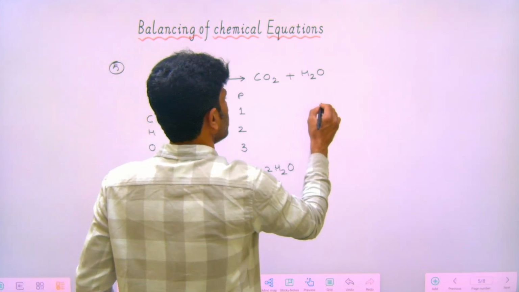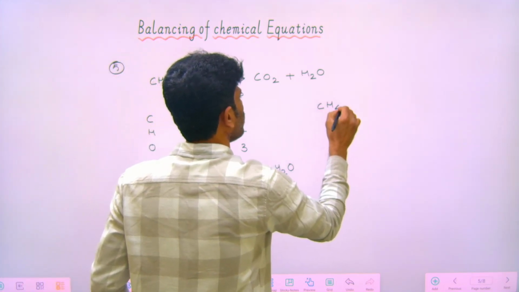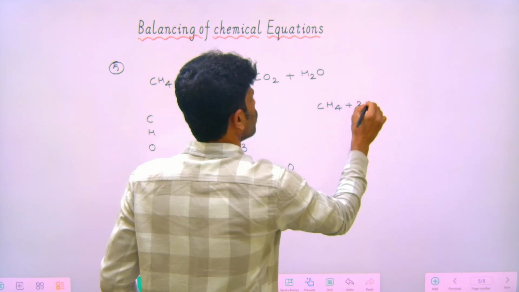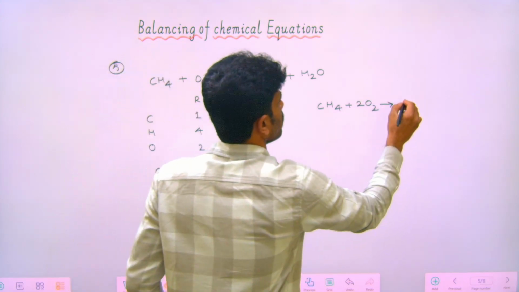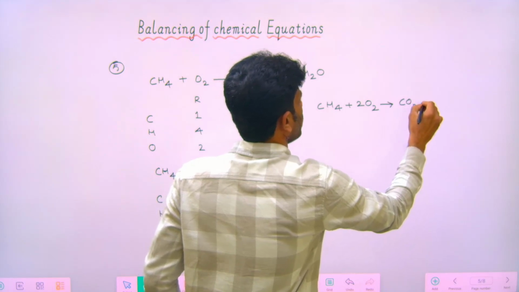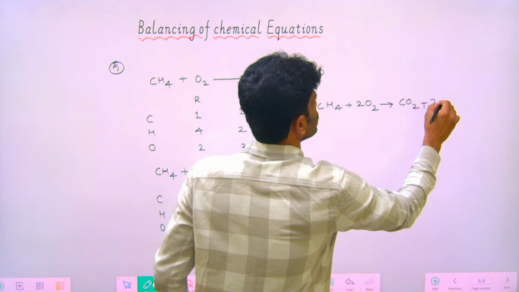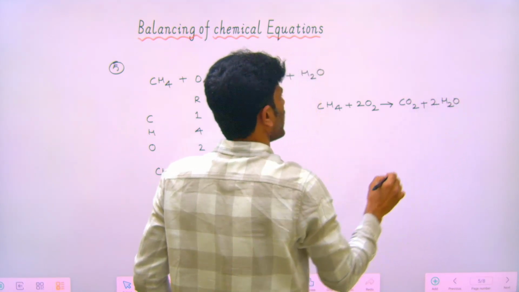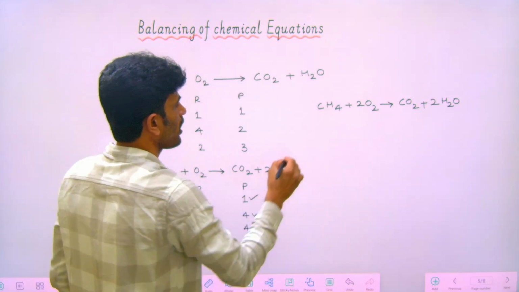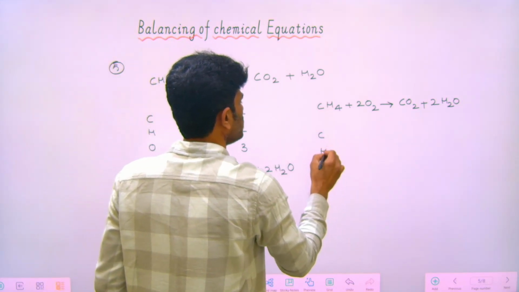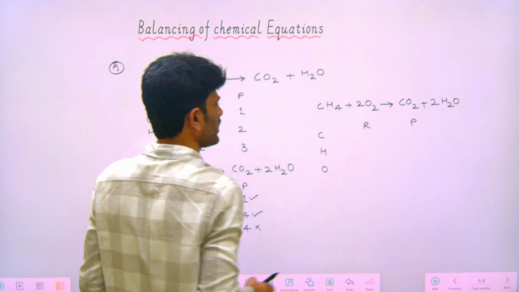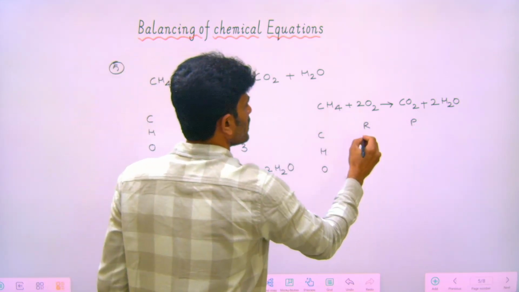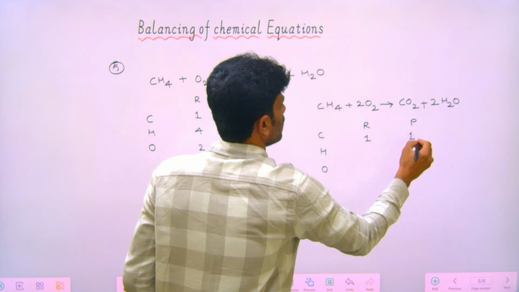So what is the final balanced equation? CH4 plus 2O2 gives rise to CO2 plus 2H2O. This is the balanced equation. If you observe carbons, hydrogens and oxygens on the reactant side and product side: how many carbons on both sides? 1, 1.